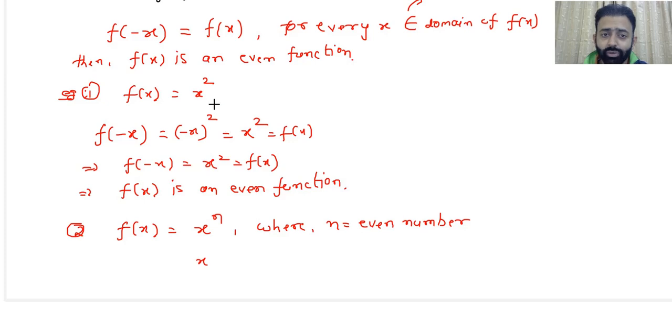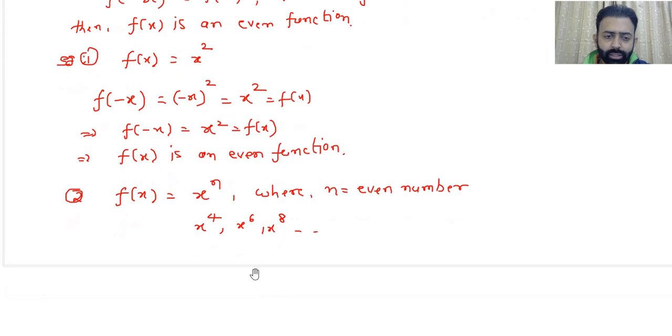For n equal to 2, we have already done the case, which is our example number 1. But if n is 4, so x raised to power 4, x raised to power 6, x raised to power 8, and so on, all these polynomial functions will be even functions.